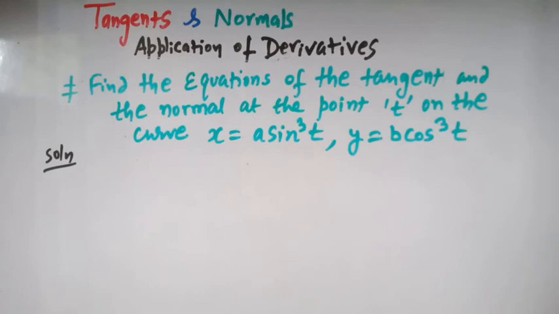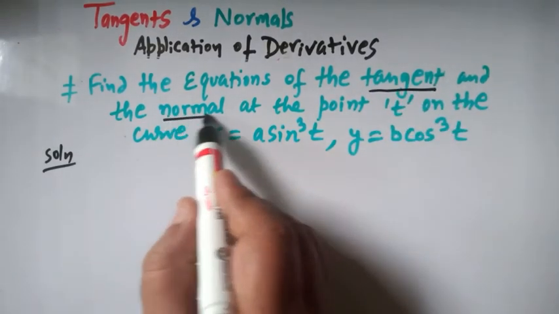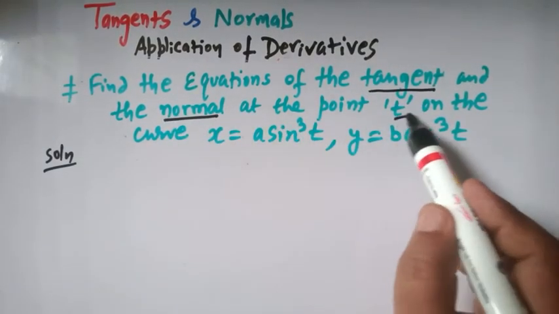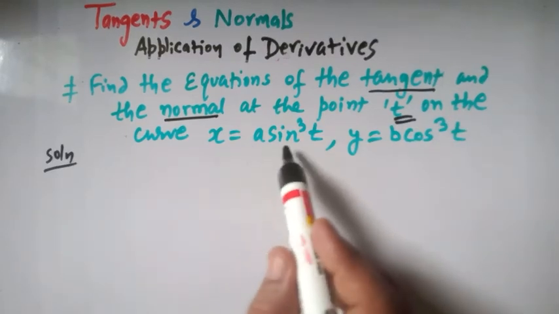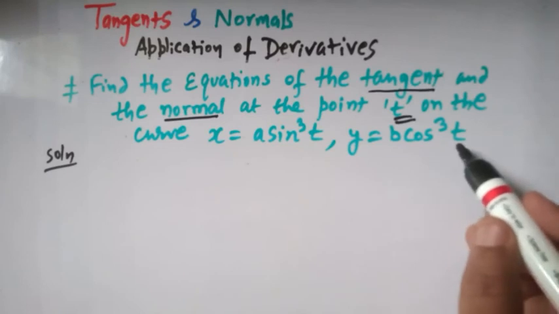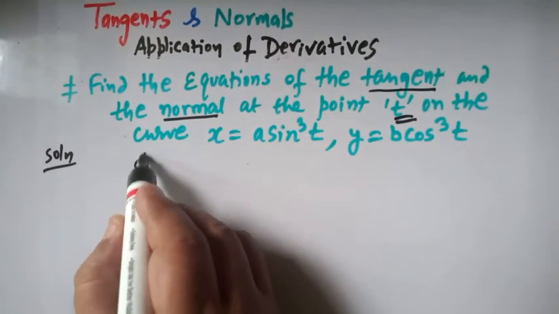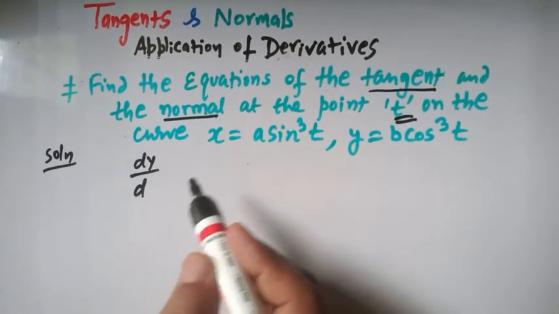So let us take one more problem which is related to parametric equations. Here we have to find the equations of the tangent and normal at the point t on the curve x equal to a sine cube t and y is equal to b cos cube t. So here we'll find the derivative by using parametric differentiation.